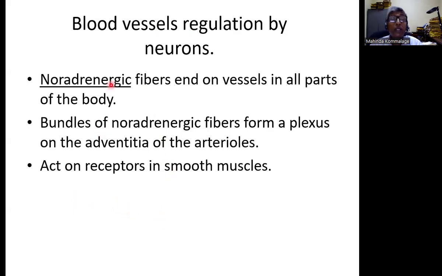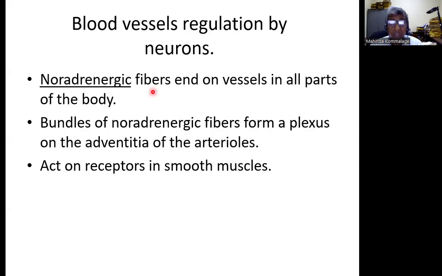So here also noradrenaline will be secreted and bind with the noradrenergic receptor, we call alpha 1 receptor or maybe beta receptor. Then it will activate the smooth muscle in the blood vessel.